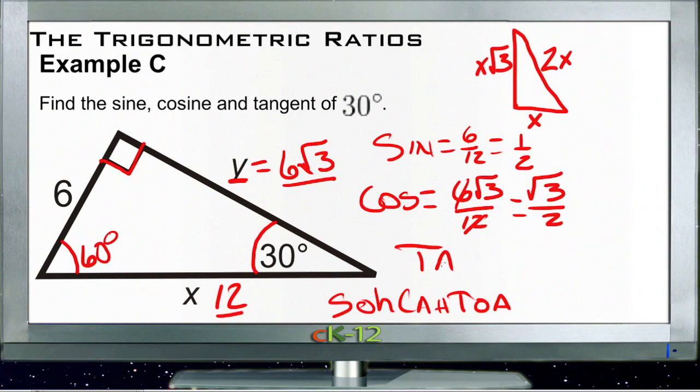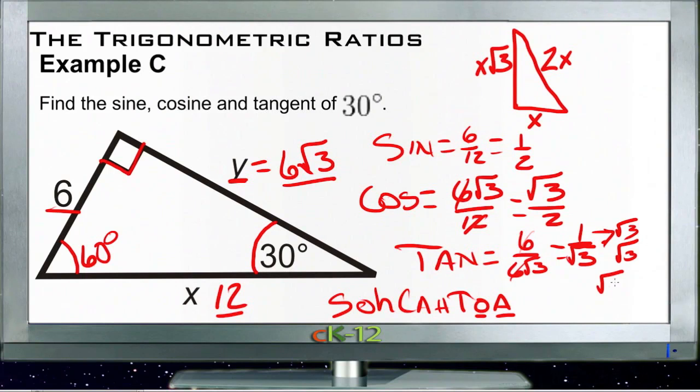And then the tangent is opposite over adjacent, so it's going to be 6 over 6 roots of 3, which reduces, so we get 1 over root 3, and then we have to reduce that by taking the root out of the denominator, remember? So we'll multiply top and bottom by root 3, and we'll have 1 times root 3, or just root 3 on top, and then we have root 3 times root 3, or 3, in the denominator. There we go.